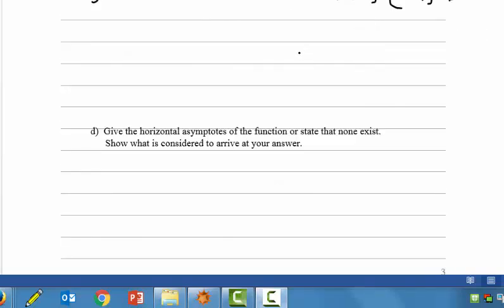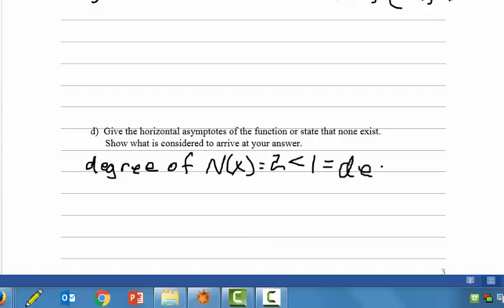Okay, now I want to find the horizontal asymptote. And I do that by comparing the degree of the numerator to the degree of the denominator. So the degree of the numerator is 2, because I had a second degree polynomial. And that's bigger than 1, which is the degree of the denominator.